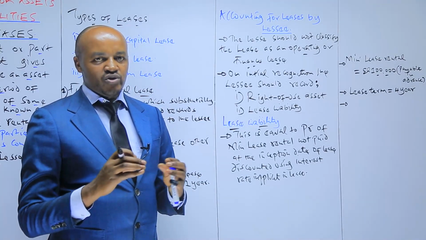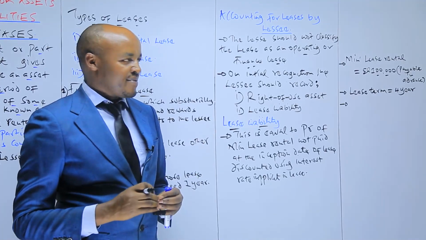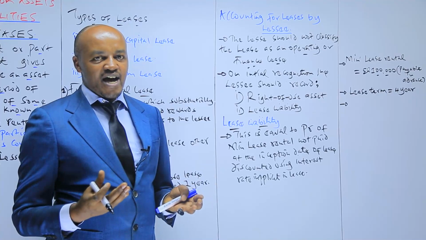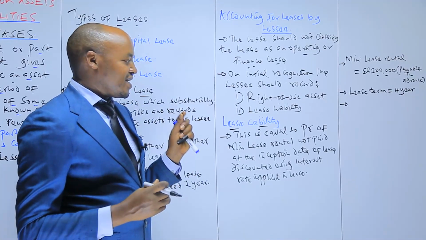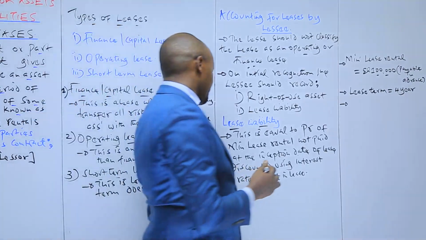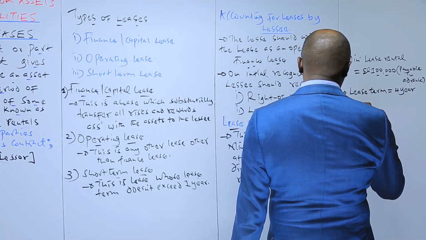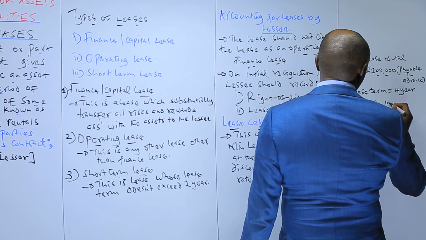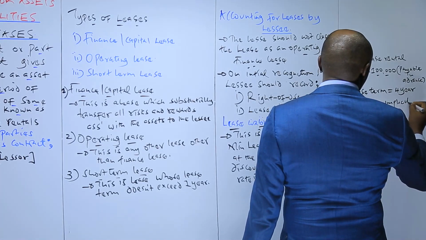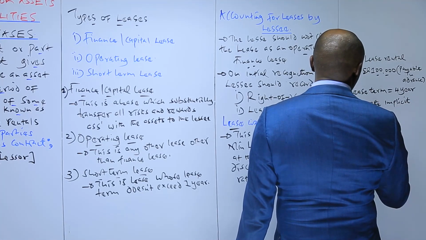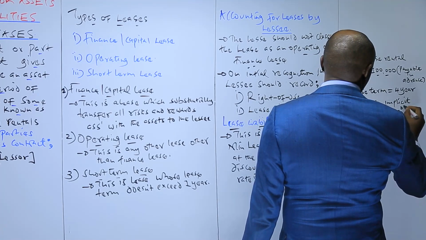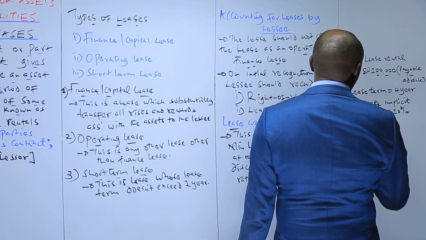This is the rate you should use for discounting, because in getting the present value you must have an R. So R is the interest rate implicit in the lease. Let's assume that the interest rate implicit in the lease is 10%.